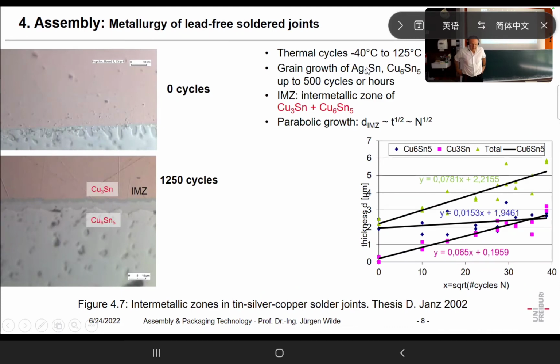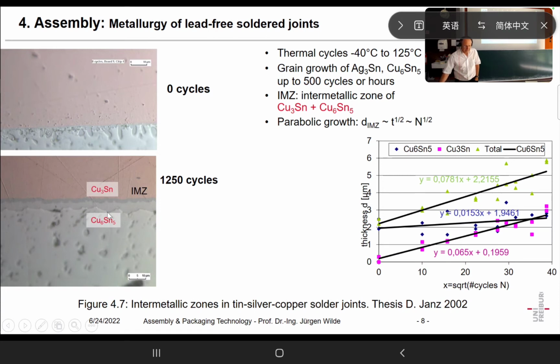And again, that was a master thesis at that time. That student did his work in our Chinese lab in Shanghai. And again, it was these TO220 we had. We can see the interface to the device just after the soldering.